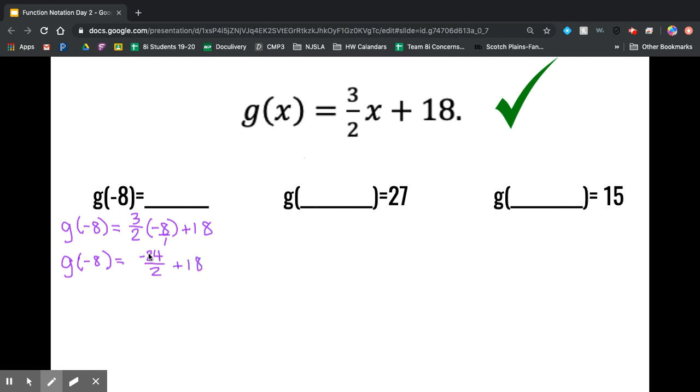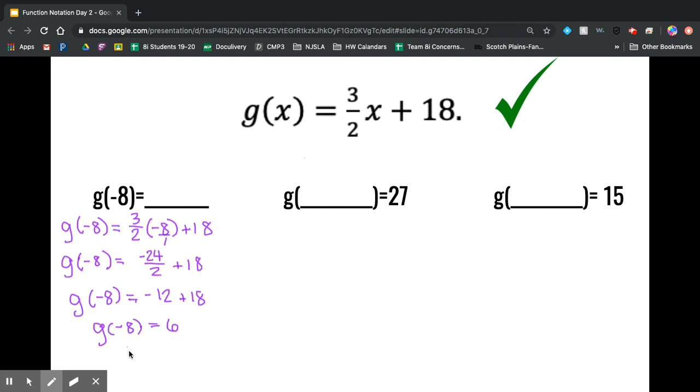Now we're going to divide this, and it does work out nicely. We get -12. And finally, we're going to add. We get +6.